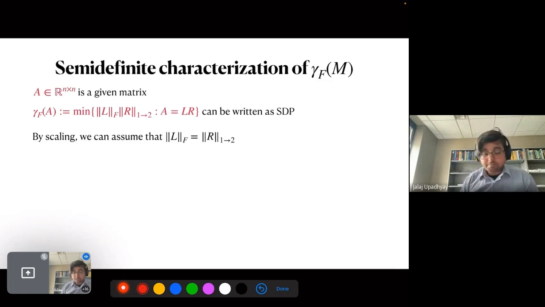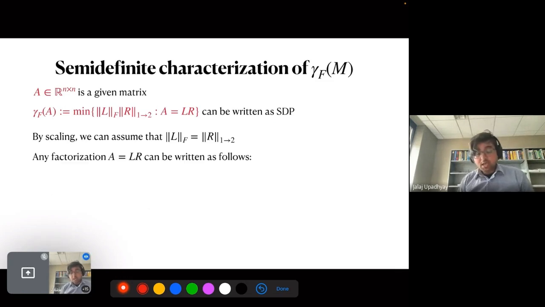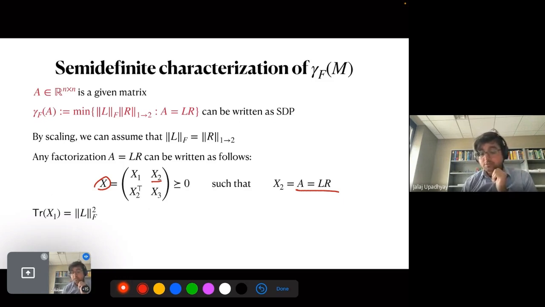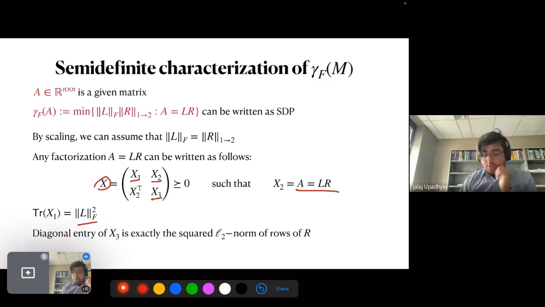Then I can write any factorization of A as LR. It is a similar, simpler problem: I take a PSD matrix such that X2 is just my matrix A, equal to LR, and X1 and X3 have the property that X1 is the Frobenius norm of L, and X3 is the column norm of R.